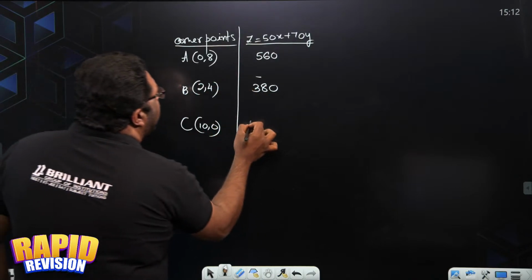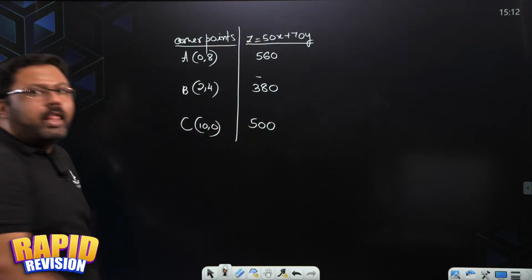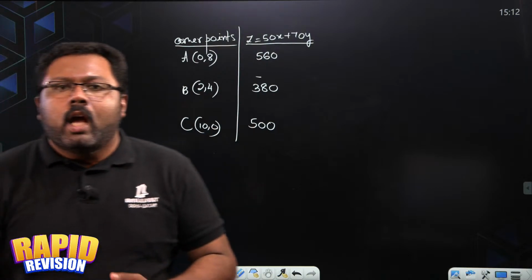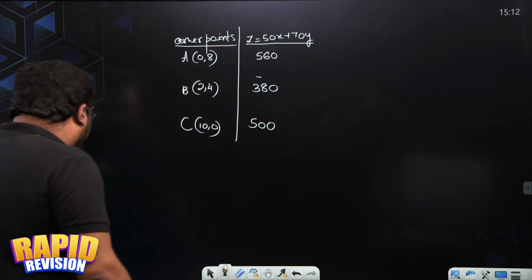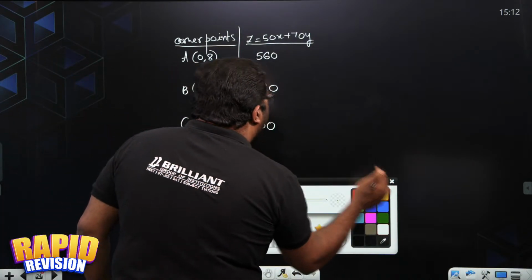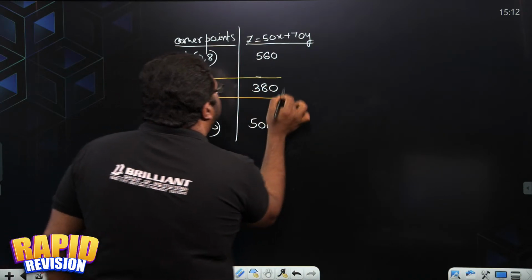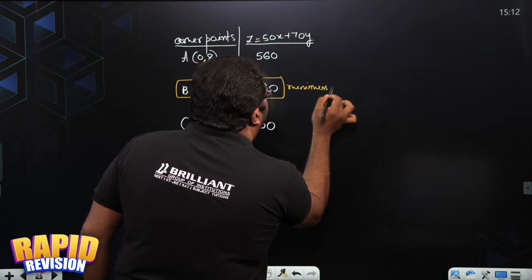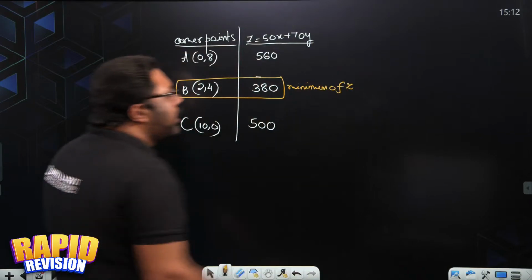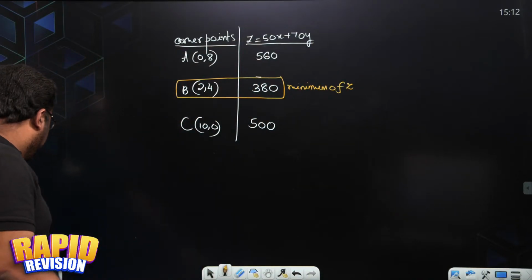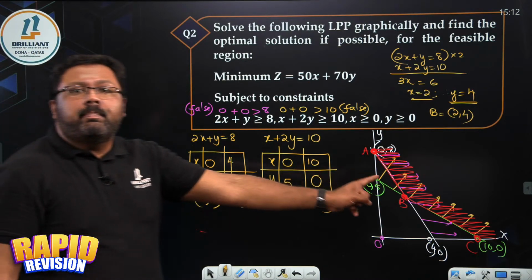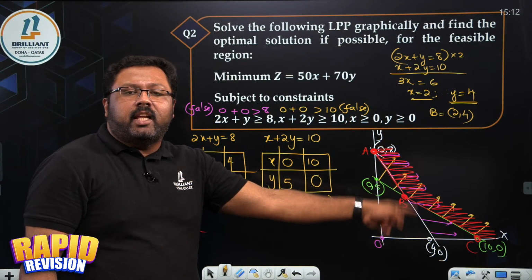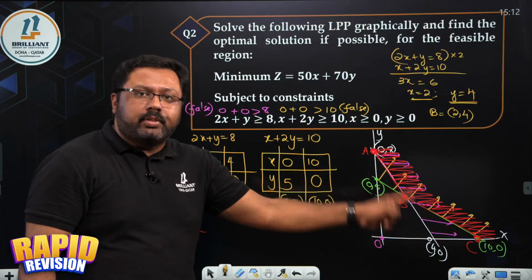For C, this is 500. I want the minimum z. Normally, this would be my minimum z, but this is a question of unbounded solution.